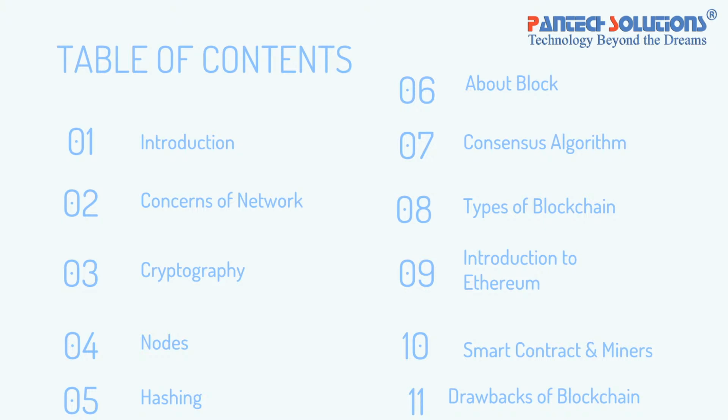If you take a single block, what is the content of the single block, about that, and then the consensus algorithm, what is a consensus algorithm, and then what are the types of blockchain, an introduction to Ethereum, and then smart contracts, miners, and drawbacks of blockchain. So these are the contents we are covering in today's session.